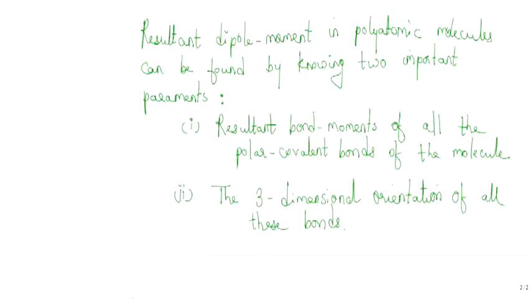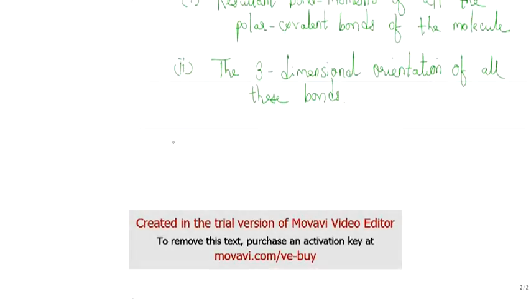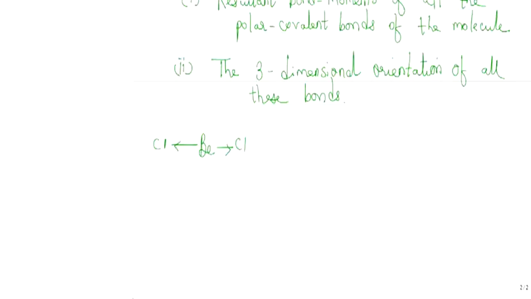Let us take up some examples where this can happen, right? We can take up examples like BeCl2. Chlorines are more electronegative. The bond moments have to be towards chlorine, right? The electron pairs remain more towards chlorine, and each chlorine would be partially negative.